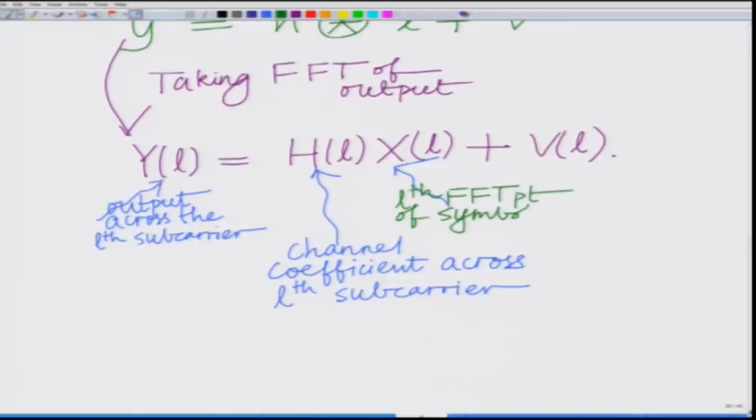Remember, because we are transmitting the symbols in the time domain, this is the Lth FFT point of the symbols x0, x1, x2, x3, and VL is the Lth FFT point of the noise samples.